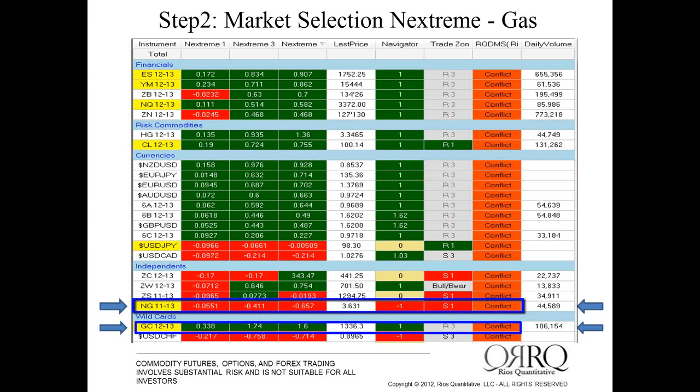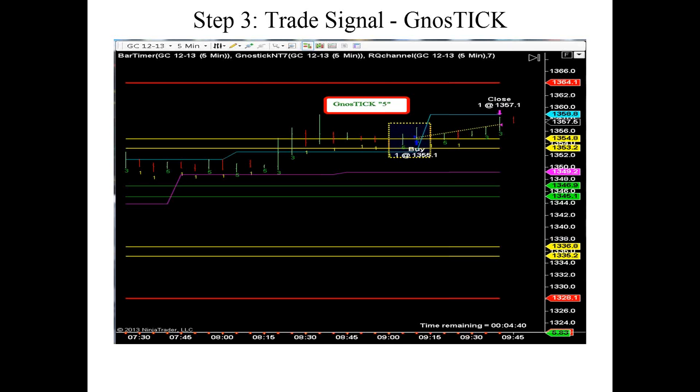I turned to gold. This is my trade. Here's the 5. That's the GnosTICK trade. That's the early trend formation. Well, this was an early indicator in zone 2 on the bullish side of the chart. Zone 2, it's higher risk.